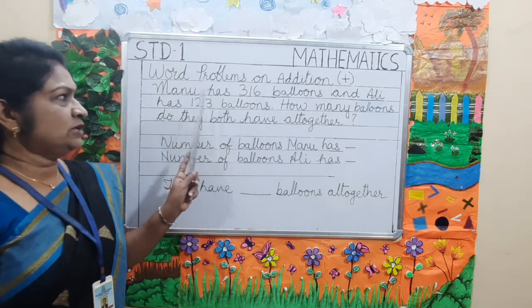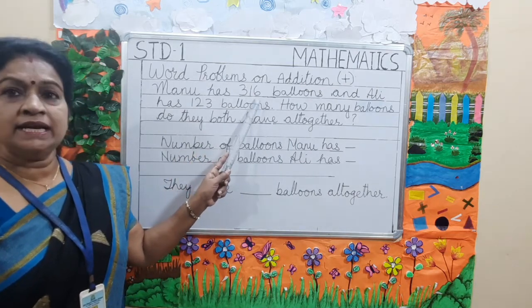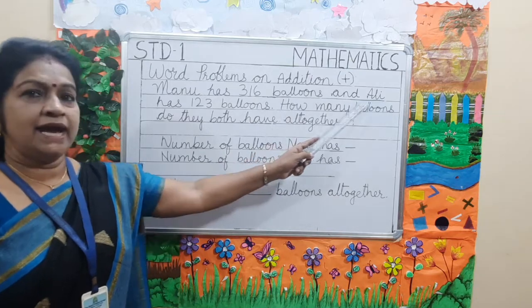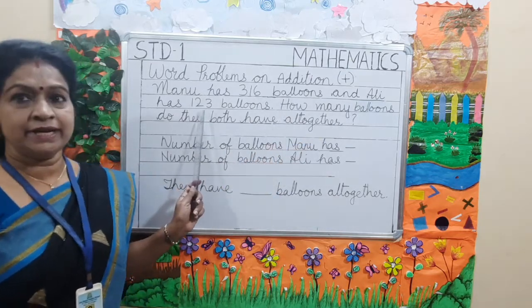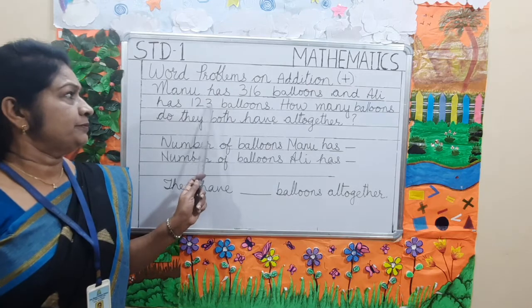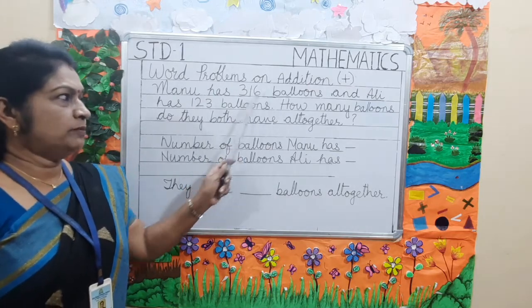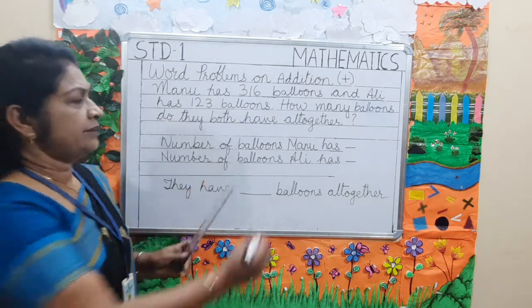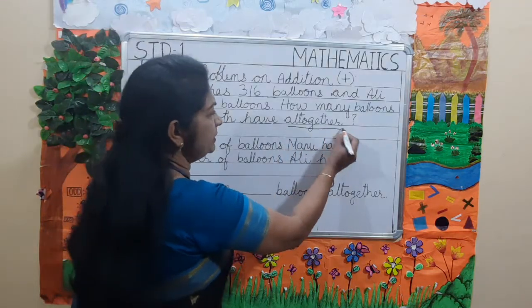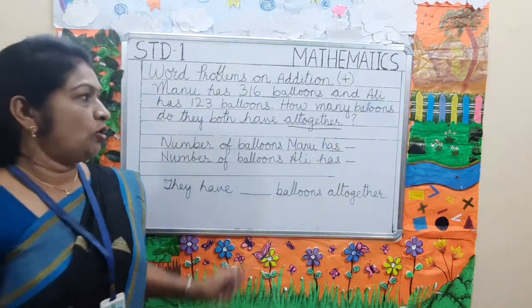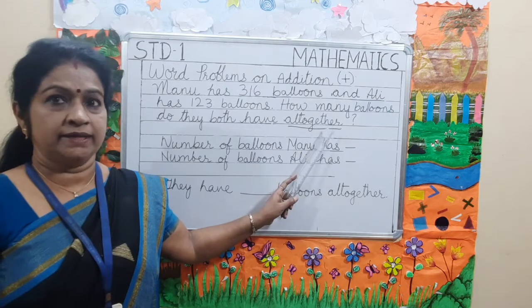How many balloons Manu has? 316 balloons. And Ali has how many balloons? 123 balloons. So you have to add both the balloons and find all together how many balloons they will be having. All together means you have to add.